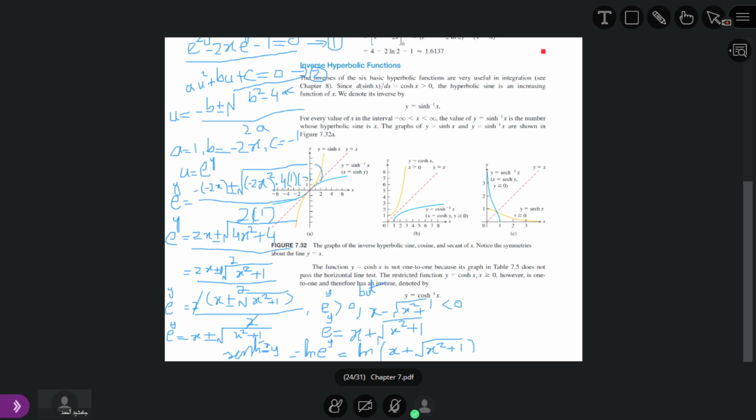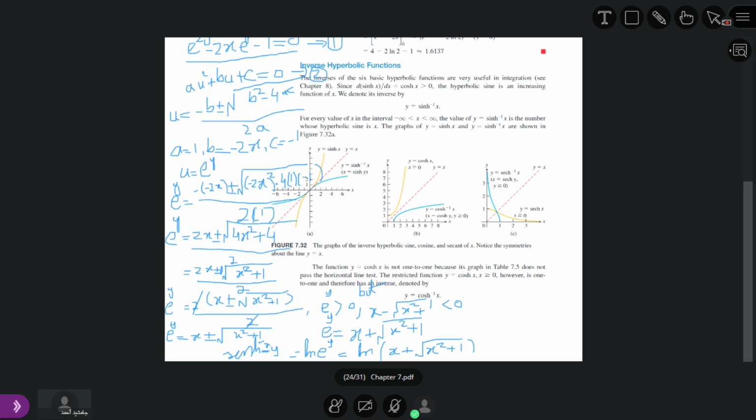So we have just one option. What is the option? e power y equal to x plus square root of x square plus 1. This option is correct.